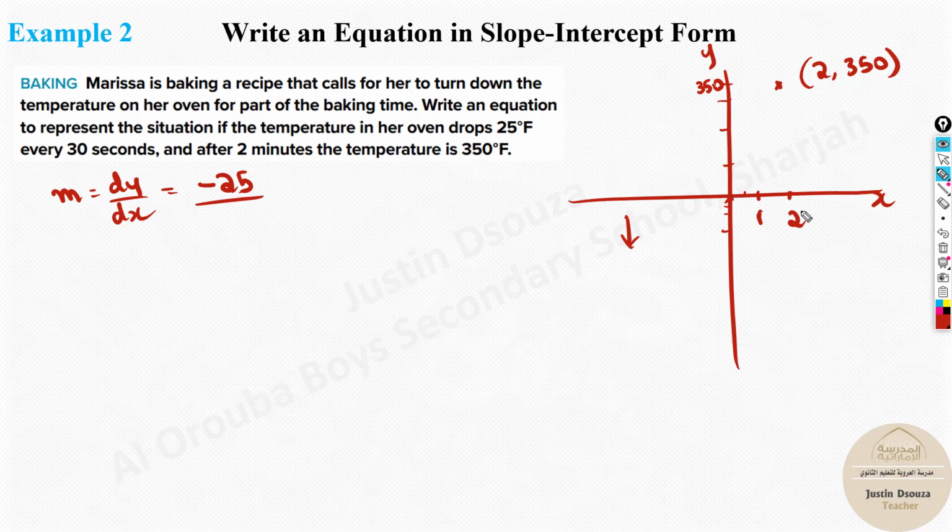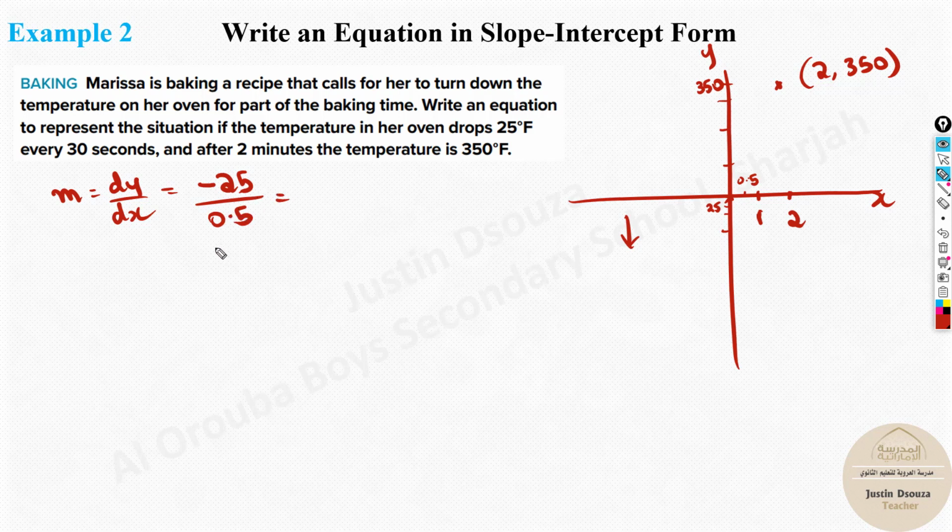Now look over here, we mentioned everything in minutes, right? 2 minutes. So how much is 30 seconds? It is 0.5 minutes. So this is 25 divided by 0.5 minutes. Now solve this.